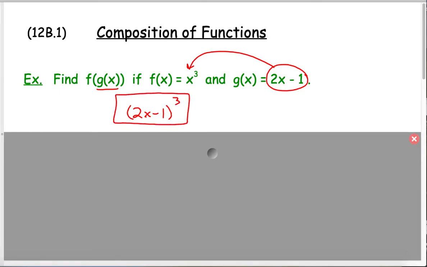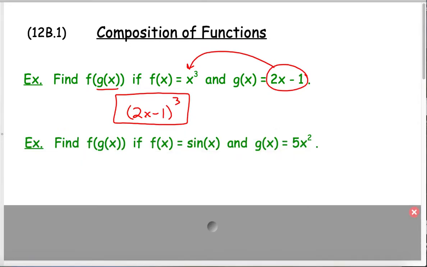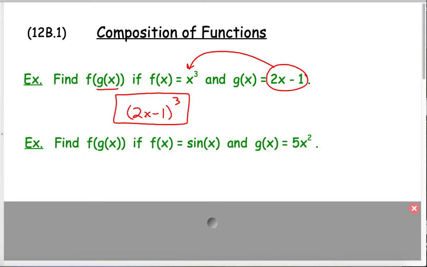And then you could expand that if you wanted to. Let's try a few more. Find the composition if f is sine of x and g of x is 5x squared. So I'm going to send 5x squared into f and take the sine of that. So I'm going to be taking the sine of 5x squared.